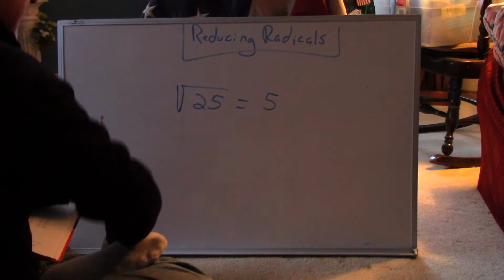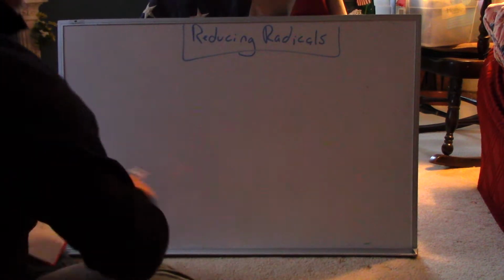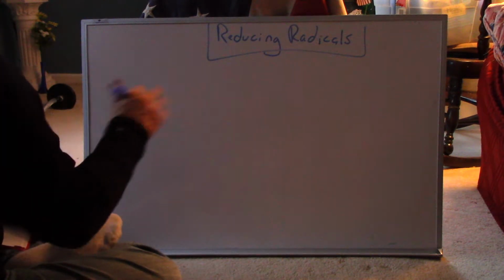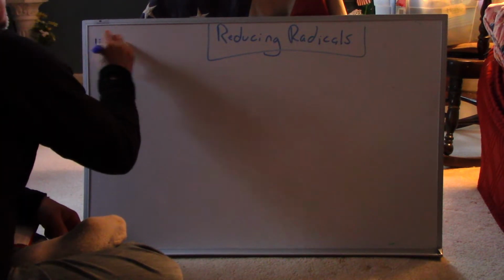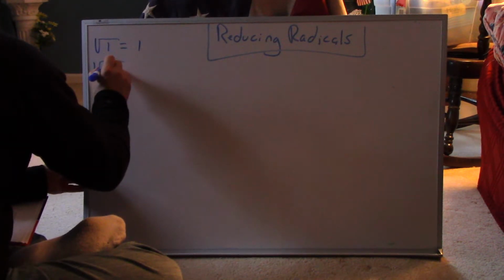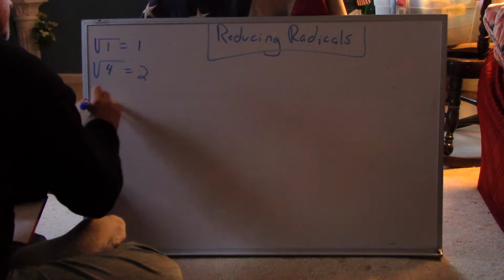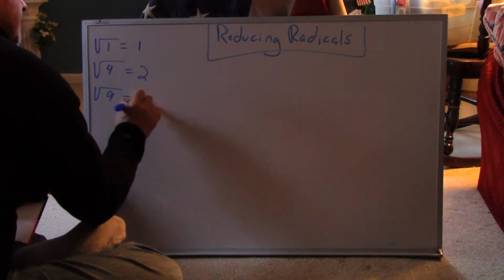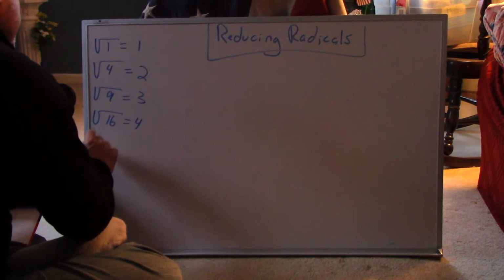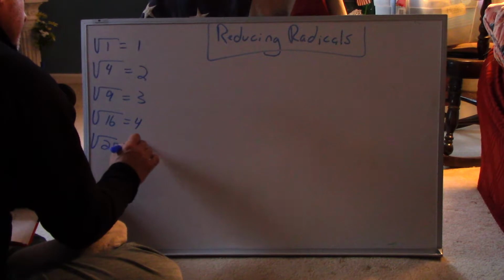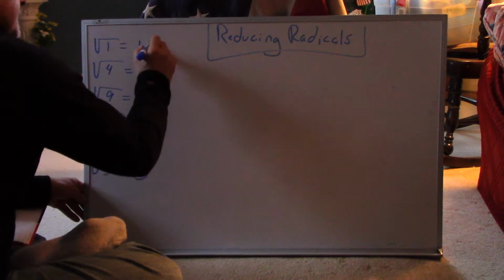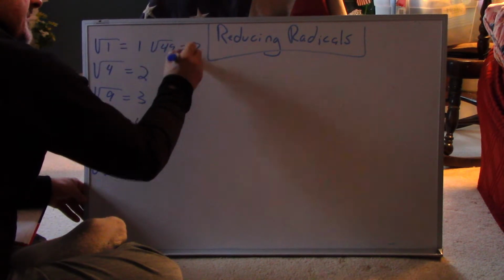Now really, before I start reducing, you should have your square roots memorized. Let me write some of them down, and then we'll start reducing. Square root of 1 is 1. Square root of 4 is 2. Square root of 9 is 3. Square root of 16 is 4. Square root of 25 is 5. Square root of 36 is 6. Square root of 49 is 7.